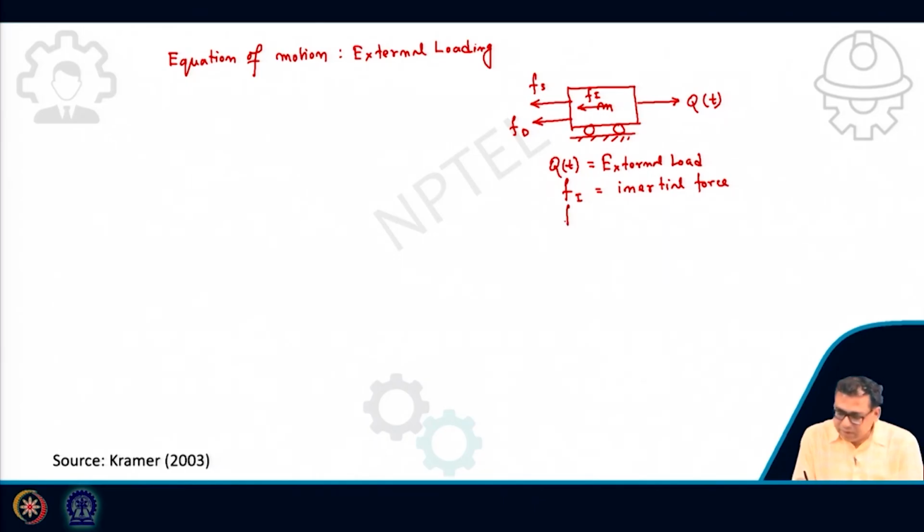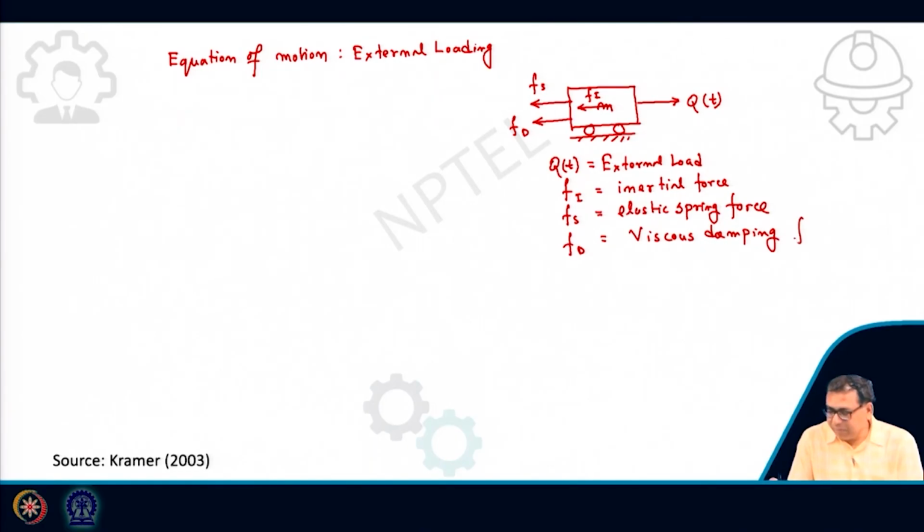Now Fs is the elastic spring force. Then Fd is the viscous damping force.